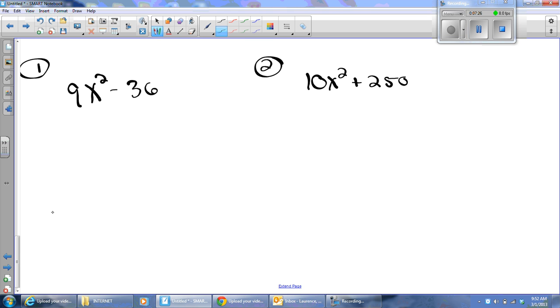And then one more will be negative 28x squared plus 63.